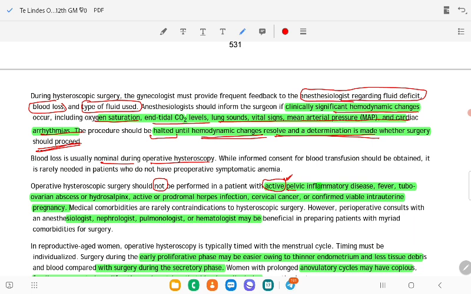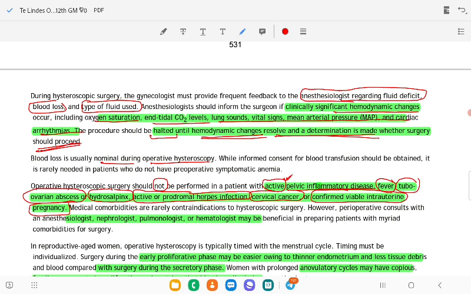If she has active PID, that is a contraindication. If she has fever, tubo-ovarian abscess, or hydrosalpinx, the toxic fluid will go to the peritoneum and cause peritonitis. Also active or prodromal orifice infections, cervical cancer, and confirmed viable intrauterine pregnancy. These are the contraindications for operative hysteroscopy.